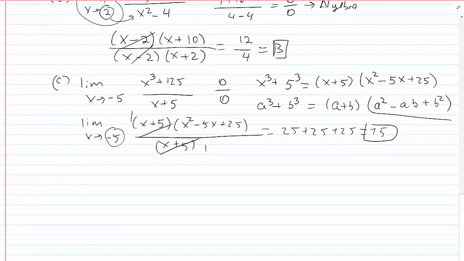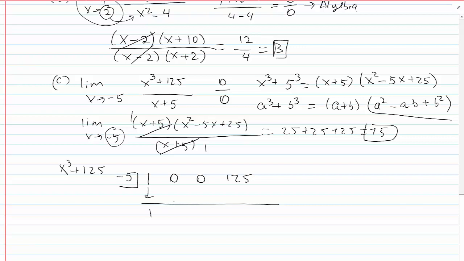Okay? Alright, alternatively, since minus 5 makes the expression 0, you could have also used x cubed plus 125 and break it down the following way. You can go ahead and write the coefficients of it. So that's a cube, that's a square, that's a linear, that's a constant. And do synthetic division, dividing it by negative 5. And that will give you the same thing.